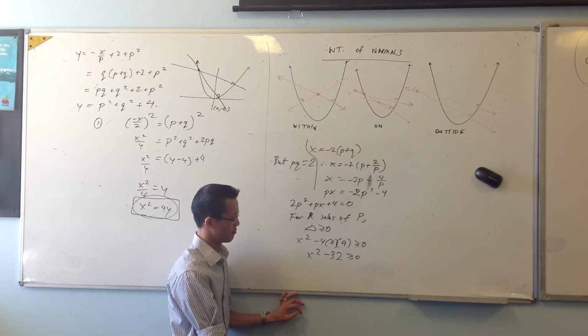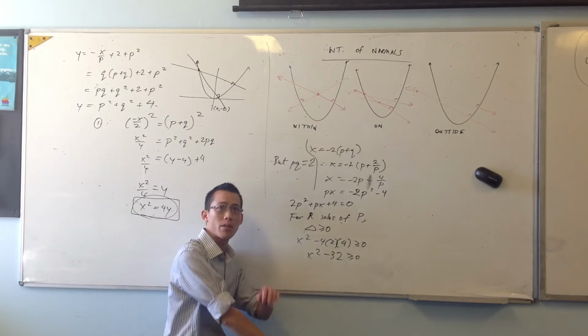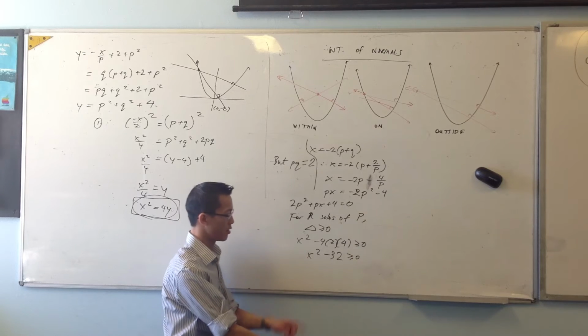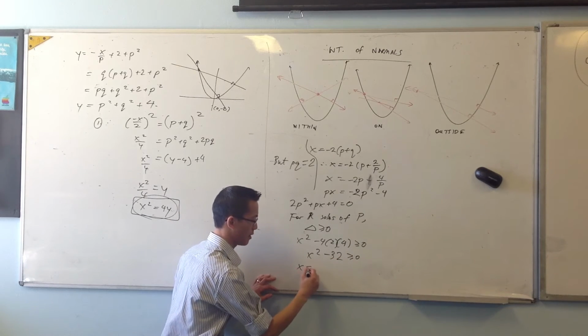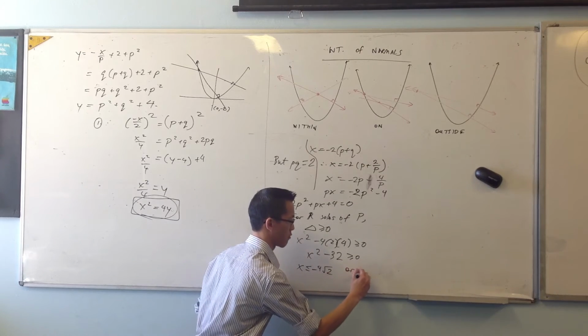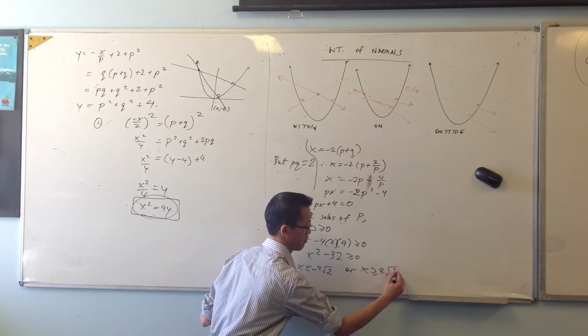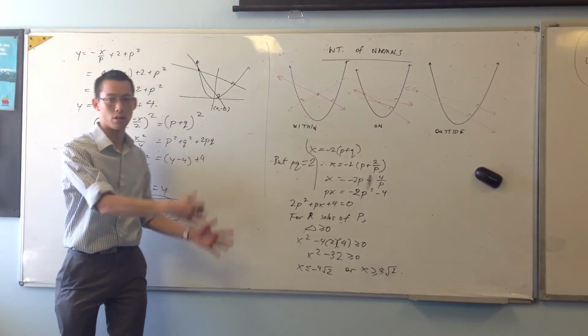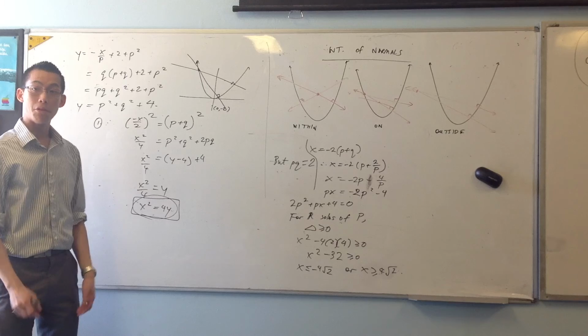But what's the square root of 32? What's that work out to? 4 root 2. Yeah? So when you're taking this parabola, you're going to be less than the negative value or greater than the positive value. Or like I said before, you can be fancy and use absolute value to express that all in one go. Okay? But that's it.